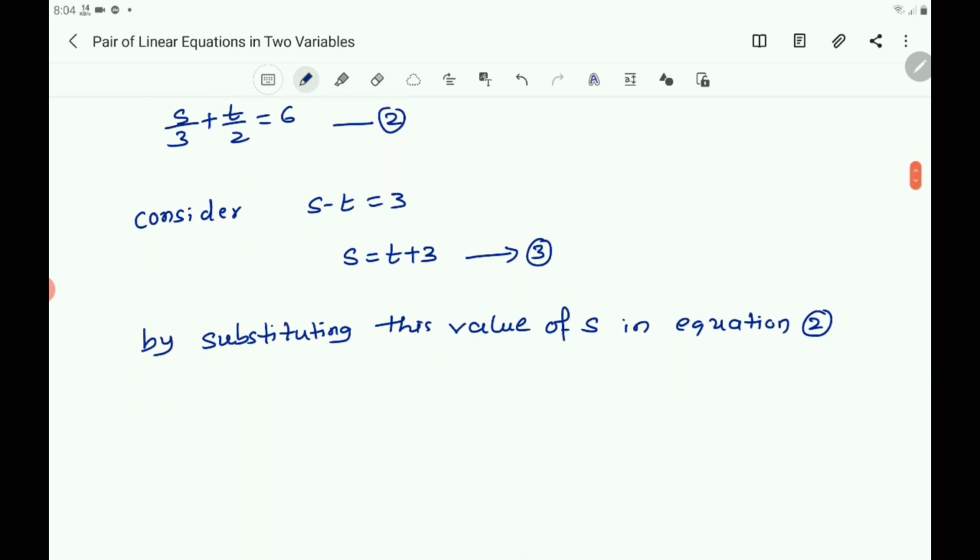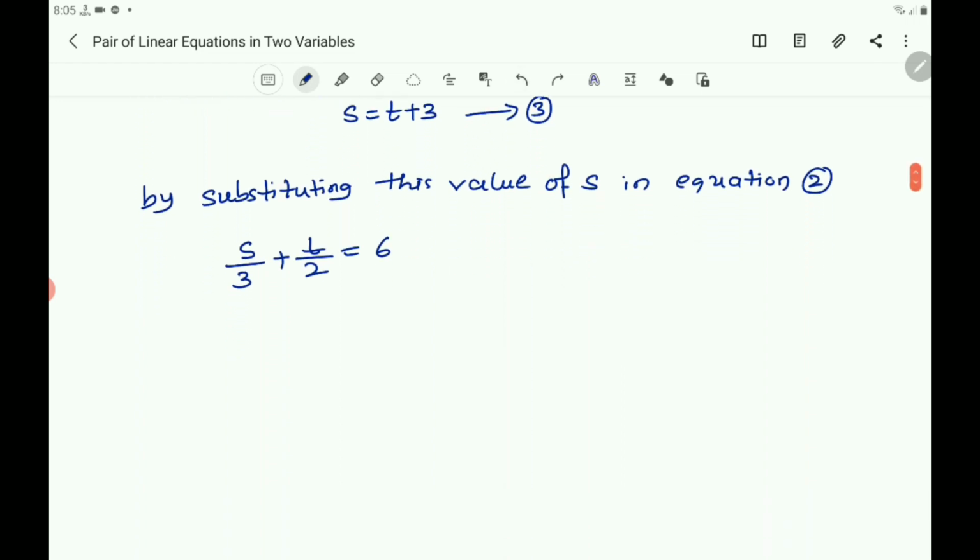So you take the second equation for this step. Equation 2: s by 3 plus t by 2 equals 6. So you write s equals t plus 3. In the place of s, what you have to write? t plus 3. Write (t plus 3) by 3 plus t by 2 equals 6.